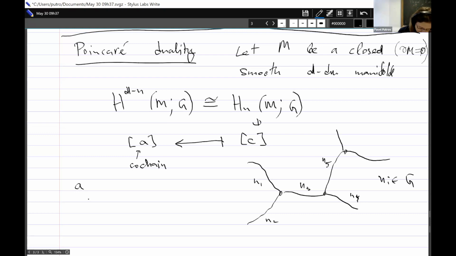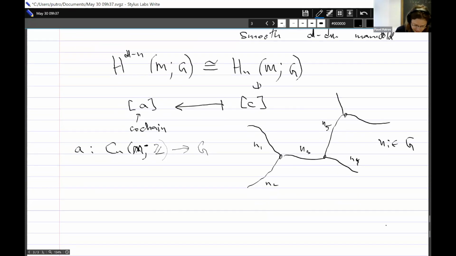So A should be a map from C_n(X, Z) to G. Given this C, we want to define this map.